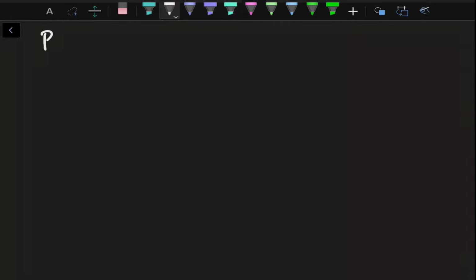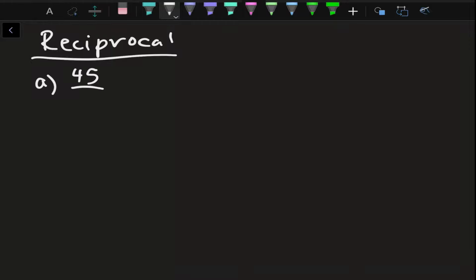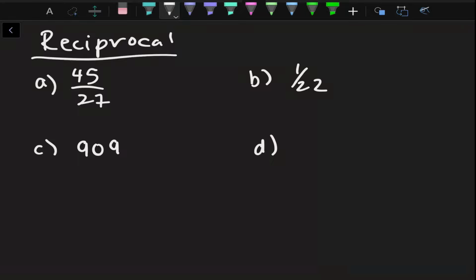I want the reciprocal of 45 over 27, 1 over 22, 909, 20 over 35, and 12 over 32. Okay, so pause that, check that out. Remember those reciprocal rules.